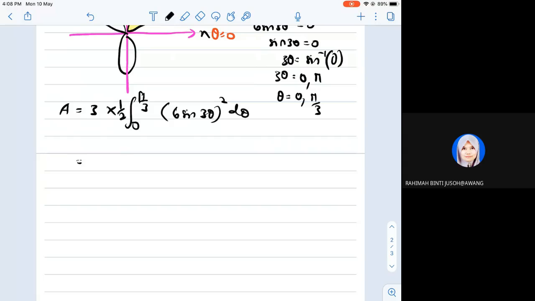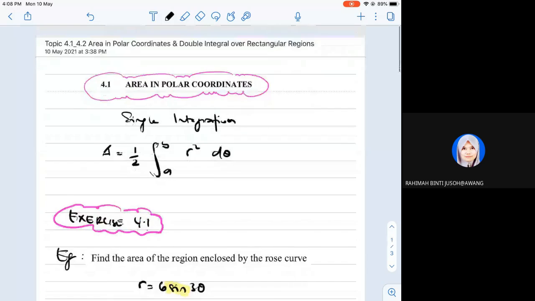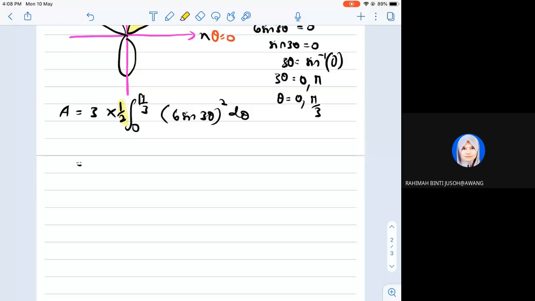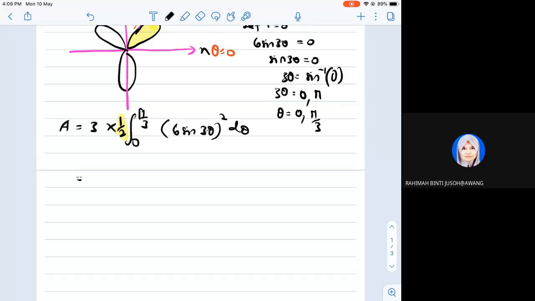Okay, we have 1/2 here, because our formula above has 1/2. Here, this is the formula. So now we will have 3/2. This 3 is because of 3 petals, so we multiply by 3. So 3/2 times the integral from 0 until pi over 3, 6 squared is 36 sine squared 3 theta d theta.